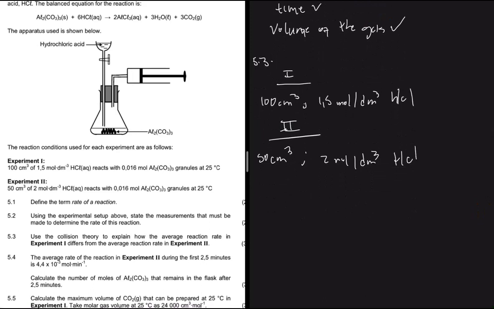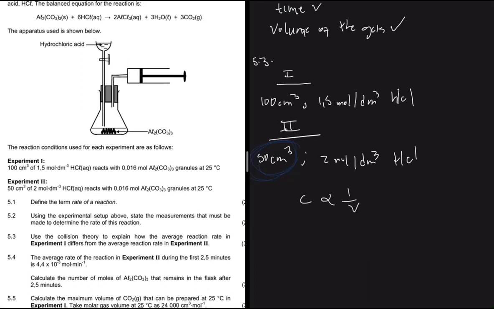So now the question is saying, let's use the collision theory to explain how the average reaction rate in experiment 1 differs from the average reaction rate in experiment 2. So here you can see that there's less volume. Less volume will mean greater concentration, because concentration is inversely proportional to volume.